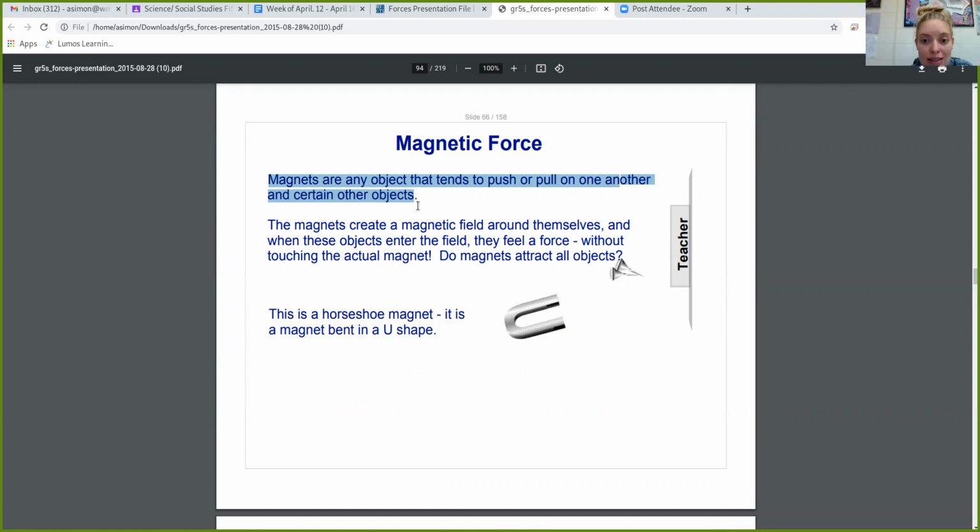So again, magnets pull on other objects when they enter their magnetic field and they stick to them. They pull them, but they're not actually touching them, but they get pulled by the magnet.